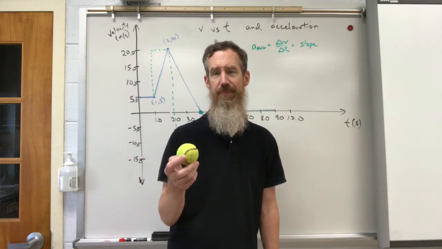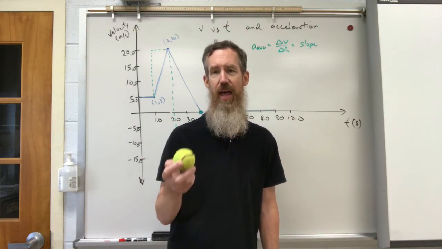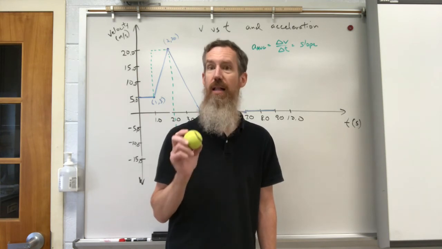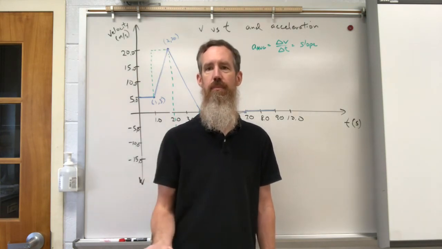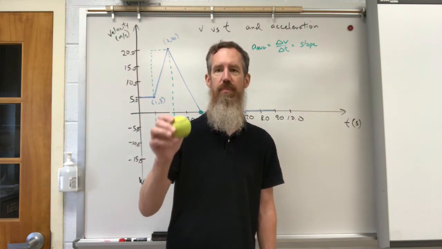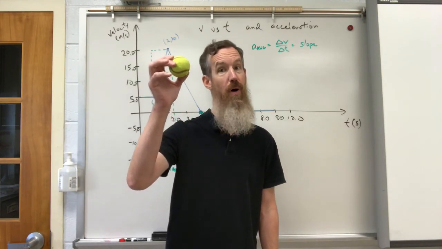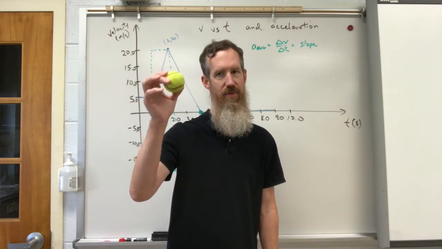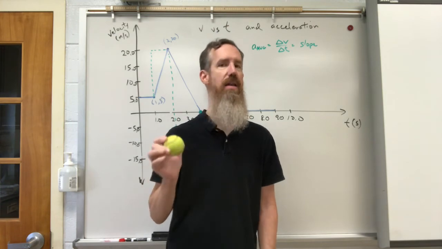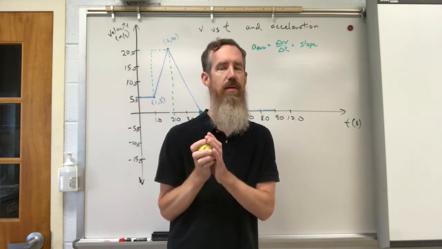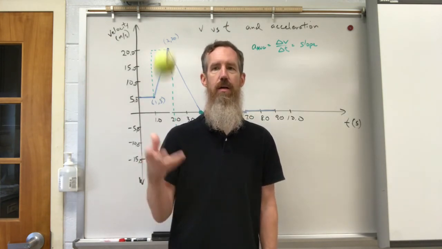Tennis ball. And if I throw it into the air, while it's in the air, it goes up, pauses a second, and then falls back down while it's in the air. Not when it's in contact with my hand, only when it's in the air.